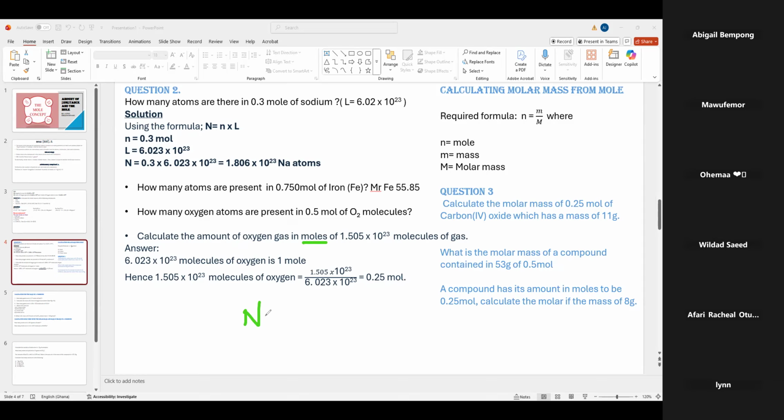The formula is small n equals capital N divided by capital L. Now the question is telling us to calculate for this n. So what do we do? We divide through by capital L. Exactly. So we have n equal to capital N divided by capital L.